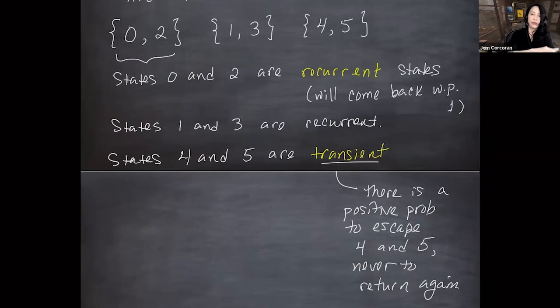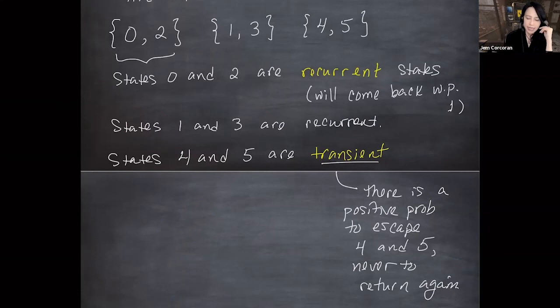We are going to prove next time that recurrence and transience are what everyone calls class properties. We have a lot of properties in Markov chains such that if a state has some property of interest, like recurrence, and it communicates with another state, the other state has that same property.